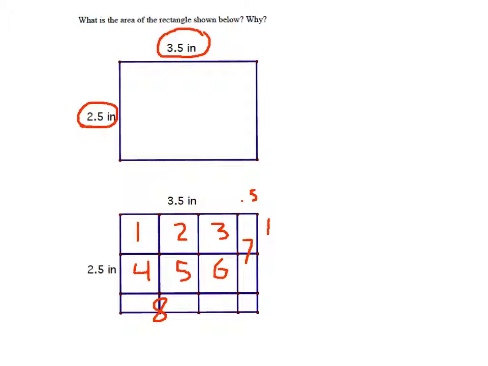Then we have another 0.5, and then this little guy is 1/2 an inch by 1/2 an inch, which is 0.25 inches. I'm going to circle these: those two go together, and these two go together.